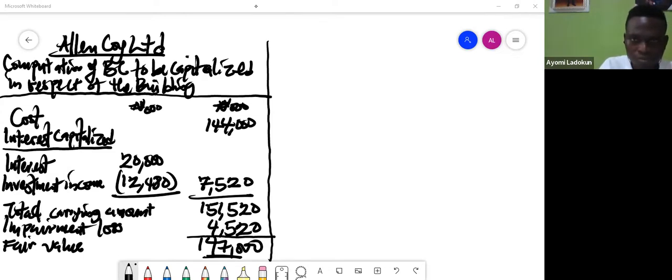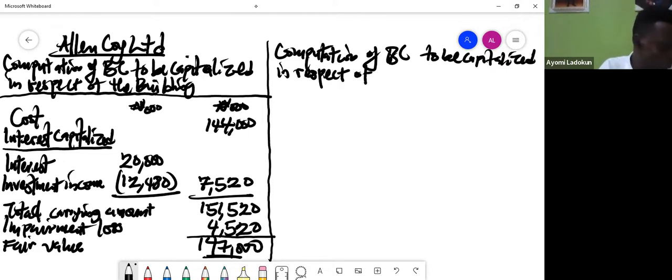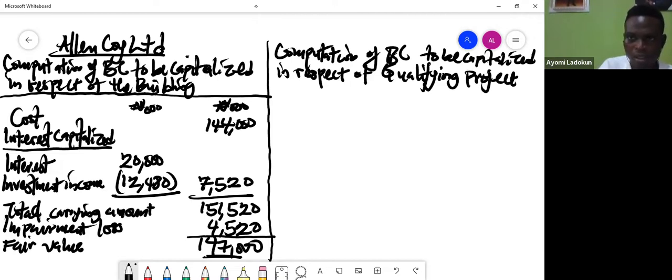So we also say computation of borrowing cost to be capitalized in respect of the qualifying projects. So we underline that.